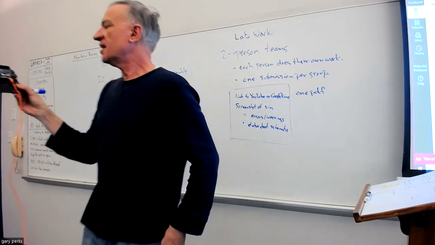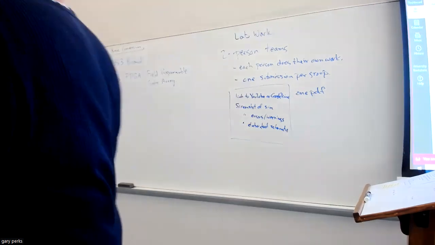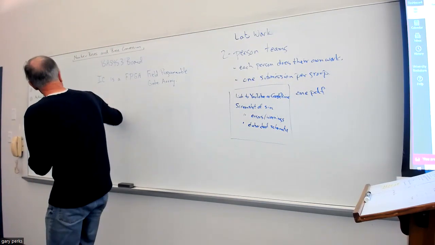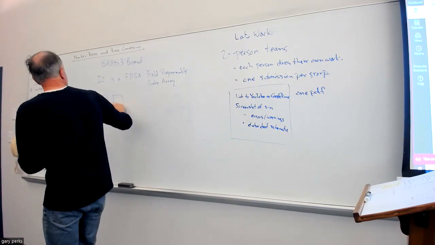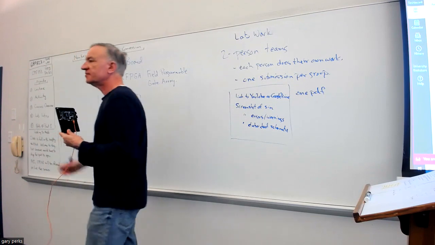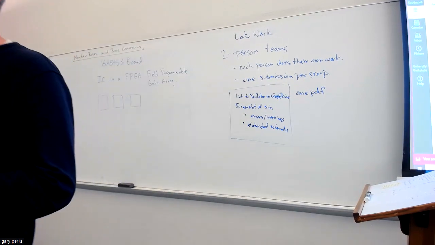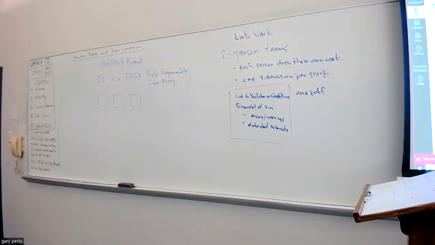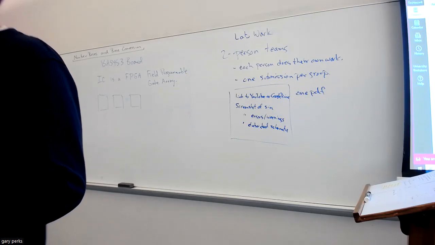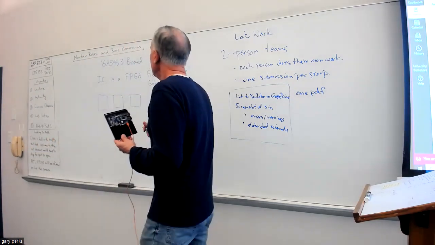Essentially what's inside that IC is a bunch of different logic circuits. Next class we're going to start talking about the components that make up logic circuits, these things called logic gates, AND gates and OR gates and all kinds of different gates that we'll get to.